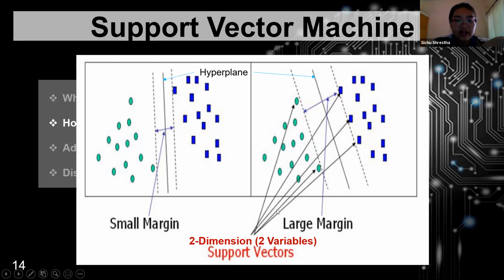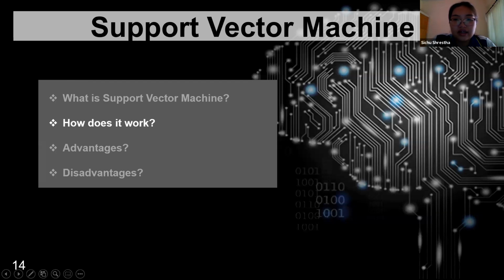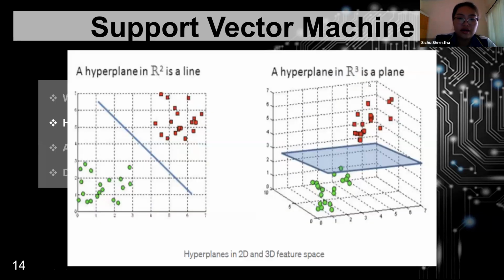We will find the largest margin. Yes, so the right one is the best support vector machine. At the same time, in 3 dimensions, it transforms from a line hyperplane to a plane, but it separates the samples into classes with the same principle.